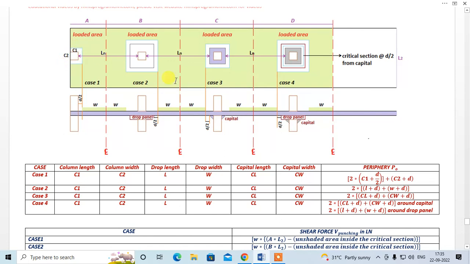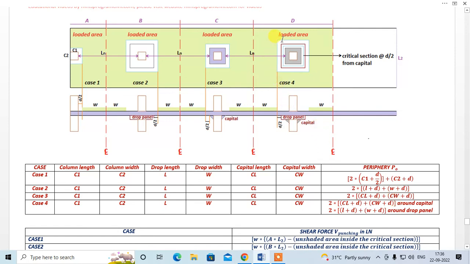So for case 1, this is the length. For case 2, this is the length. For case 3, this is the length. Over here you have two cases. This is case 1, that is d by 2 around the capital. That periphery you get using this formula.